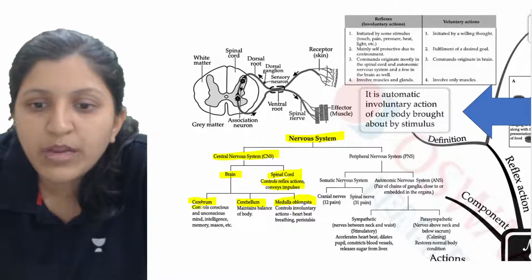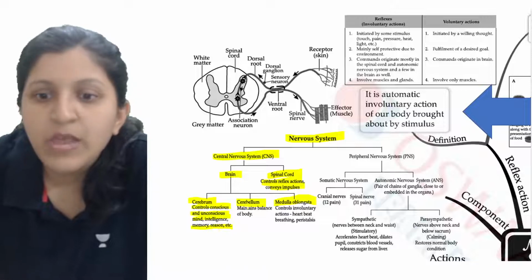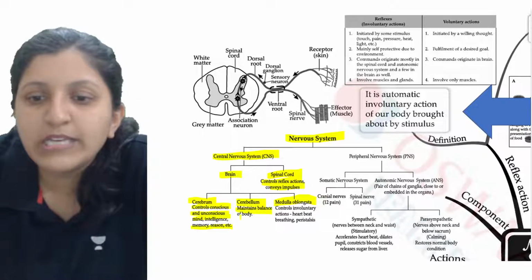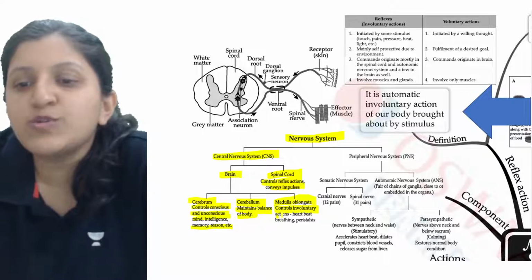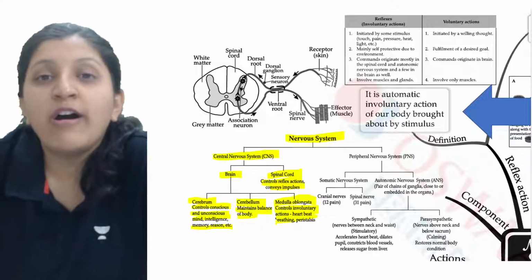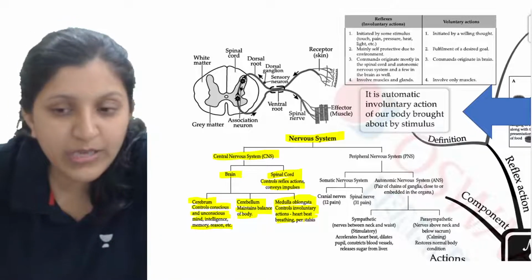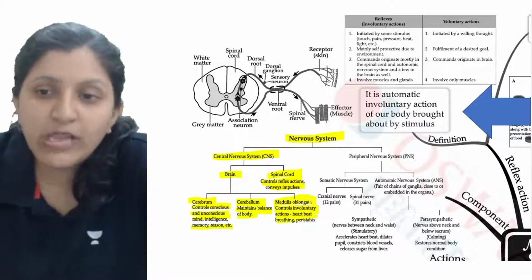Cerebrum controls the conscious and unconscious mind, intelligence, memory, reason, etc. Cerebellum maintains the body balance, and medulla oblongata controls all the involuntary functions like breathing, heartbeat, and the peristaltic movement. All these are under the control of medulla oblongata.